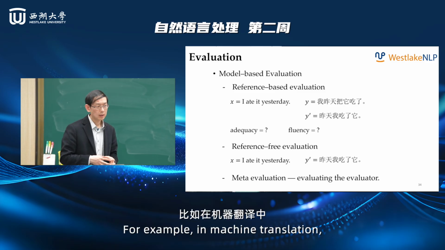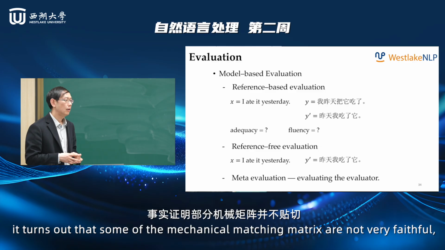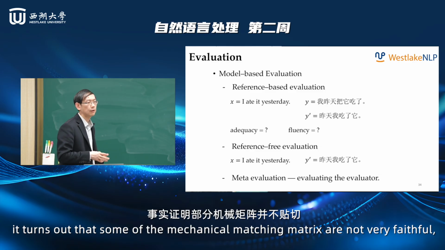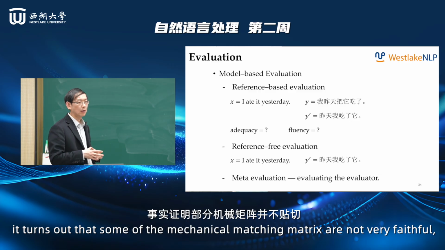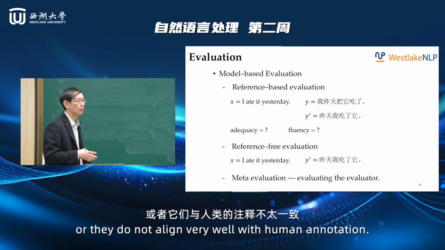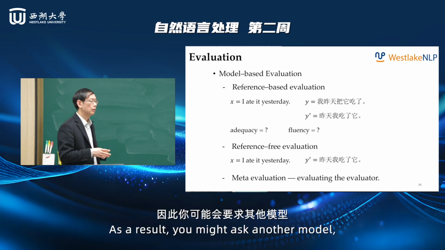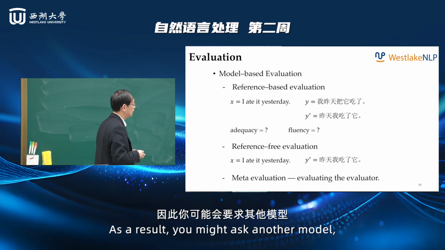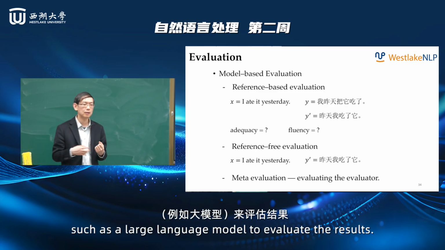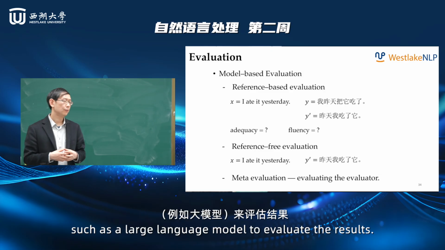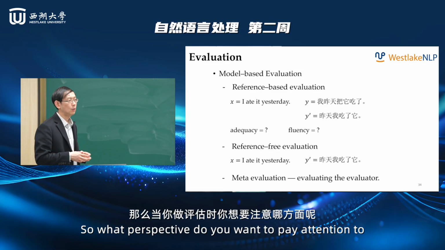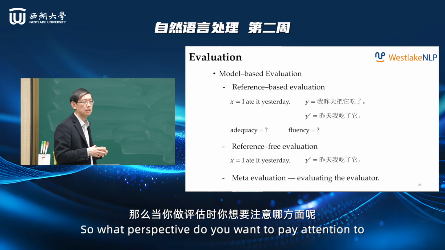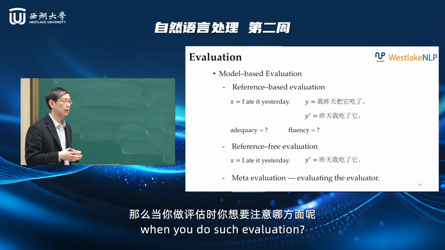For example, in machine translation, it turns out that some of the mechanical matching metrics are not very faithful, or they do not align very well with human annotation. As a result, you might ask another model, such as a large language model, to evaluate the results. Okay, so what perspective do you want to pay attention to when you do such evaluation?